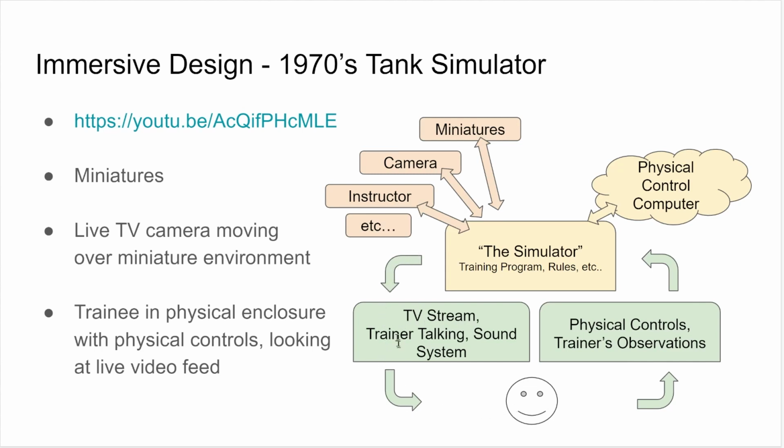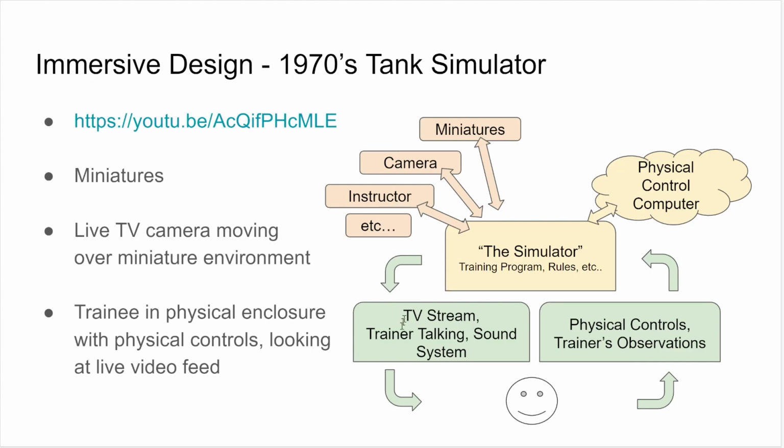These outputs could be the trainer saying, hey, you've done that wrong, or you've lost this many points. Or let's say you pulled the trigger, and you'd get an output of the gun sound shooting.